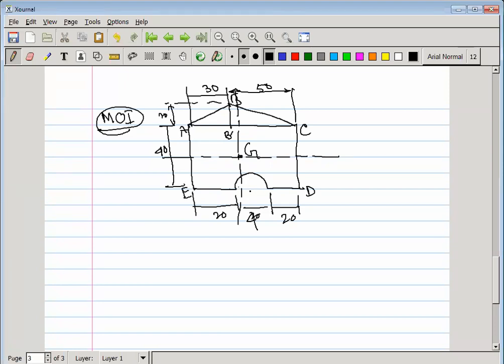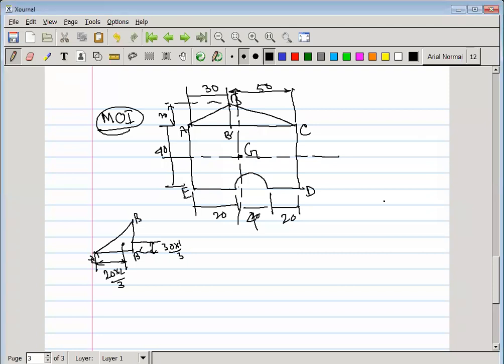If we consider the individual case, this one, B dash A, the centroid location is this one, and this should be 2/3 of the length. If it is 20 total, then 20 into 2 by 3 is the length, na? And this length is 30 into 1/3, this height, right?